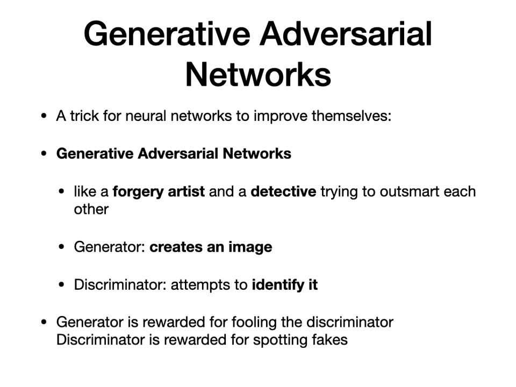This is the best analogy for how these work. There are two networks. One is a forgery artist trying to produce the most realistic image possible, and the other is a detective trying to outsmart the forgery artist and detect the false images.